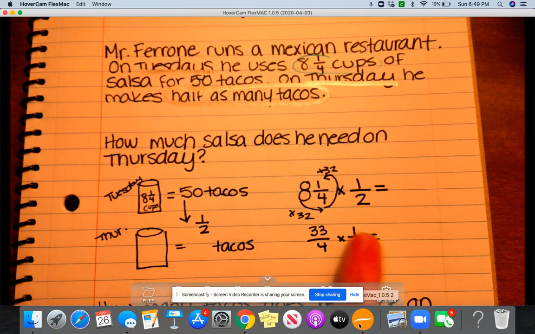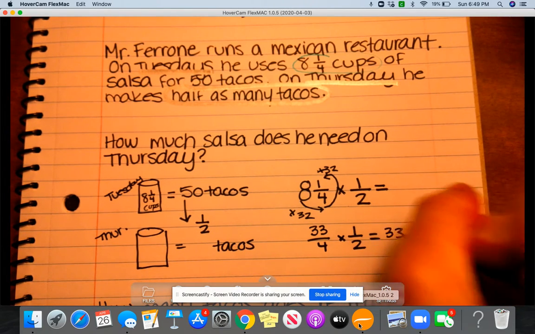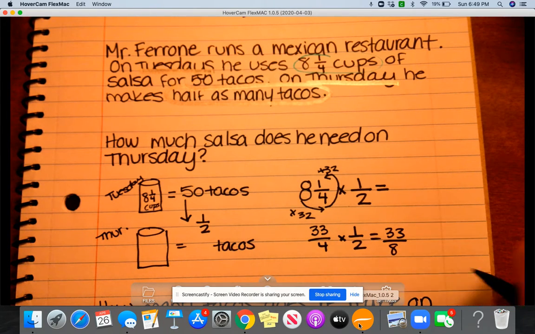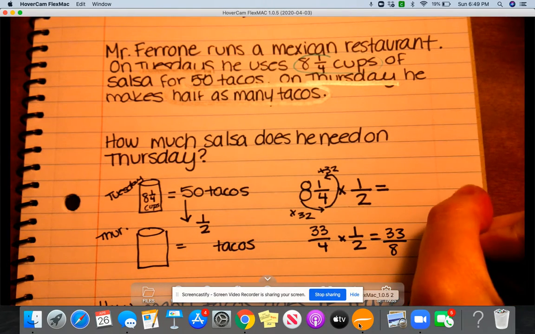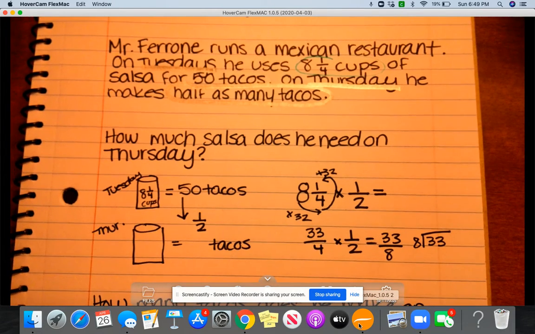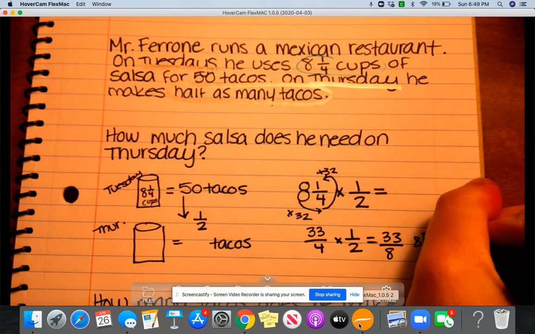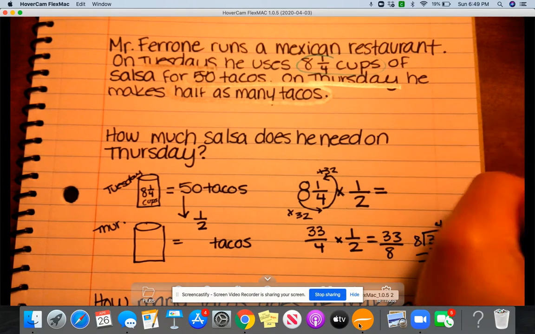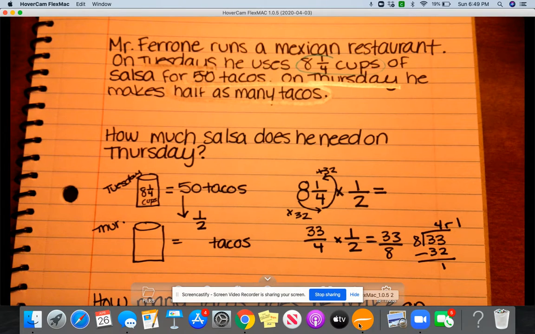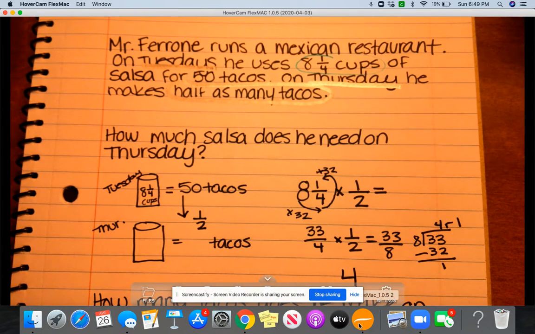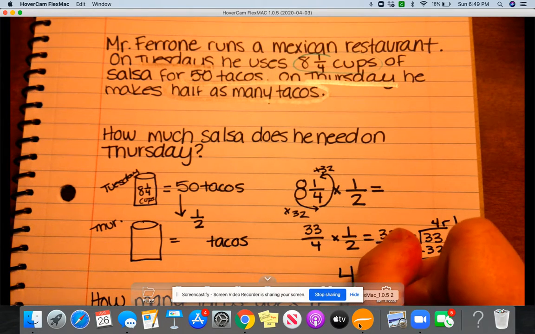So 33 times 1 is 33. 4 times 2 is 8. So 33 divided by 8, or how many times can 8 go into 33? Well, we know that 8 times 4 is 32. I subtract and I get 1. So my remainder is 1. So my answer is 4 1/8.